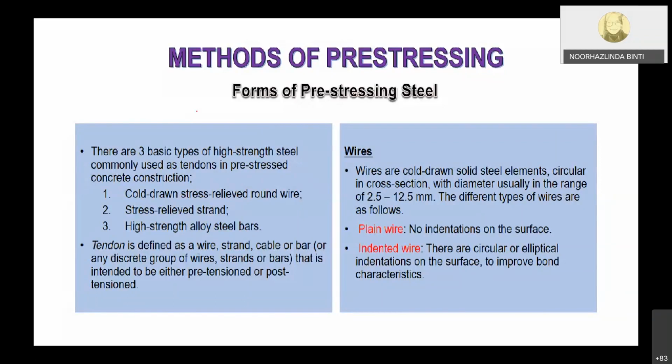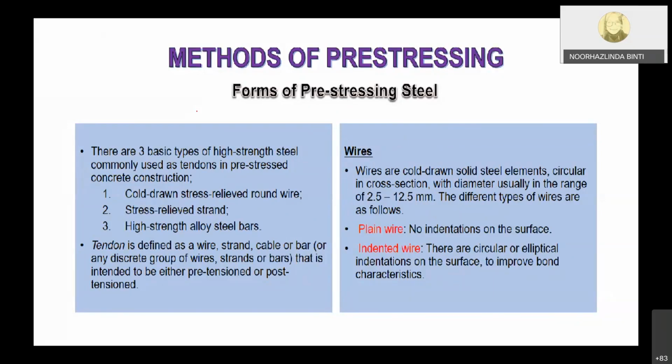Books define tendon as a wire or strand or cable or bar that is intended to be either pre-tensioned or post-tensioned. So tendon can be a wire or a group of wires, a strand or a group of strands, a cable or a group of cables, or bar. However, when you're talking to engineers outside, tendon refers to the post-tension, the second method of pre-stressing. But that is okay, just information for you.